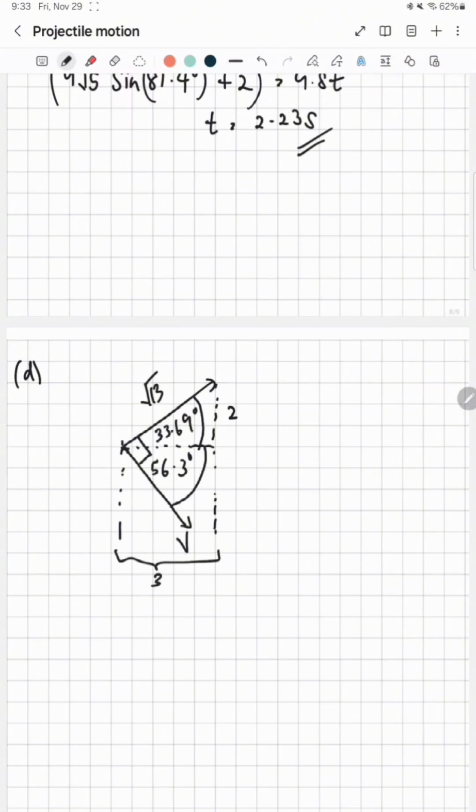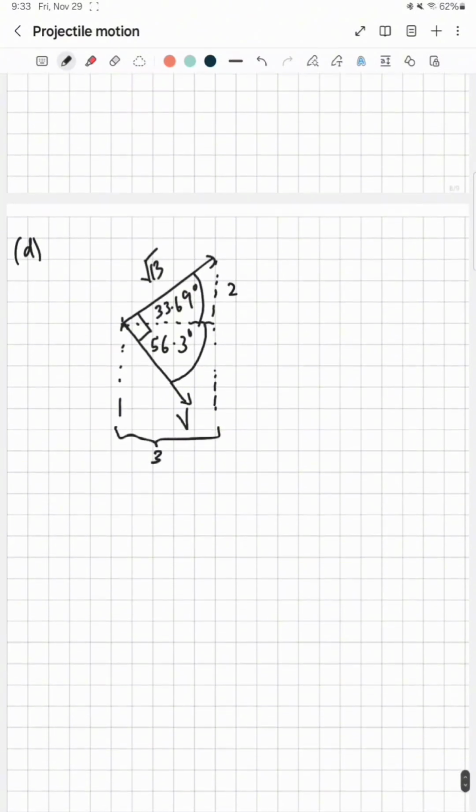So what we can do is find the velocity. Now you know that the horizontal velocity is always the same, right? Our horizontal velocity was 3, and it never changes. So even at this point, the horizontal velocity is the same.